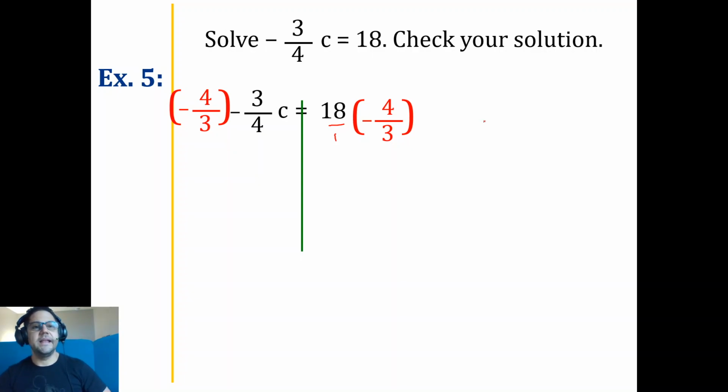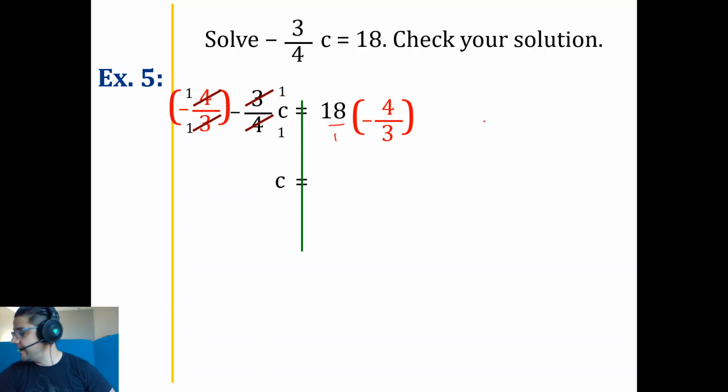So on the left side, a negative multiplied by a negative is a positive. The 3's cross-cancel, 4's cross-cancel. So I get c is equal to. And then on the right side, I also cross-cancel with the 3 and the 18.